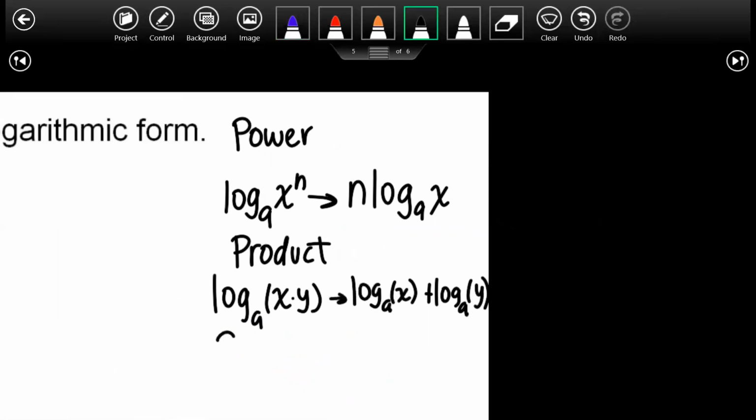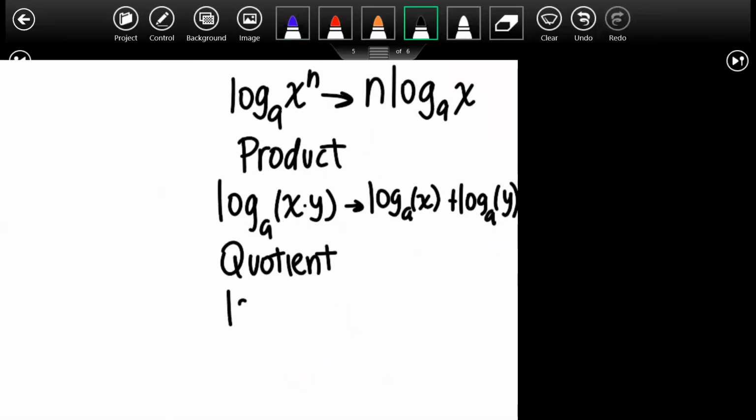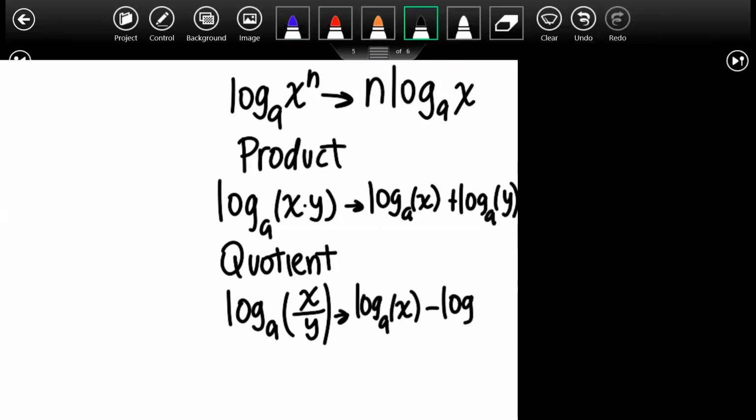And then we also have the quotient. Little tidbits for you guys.